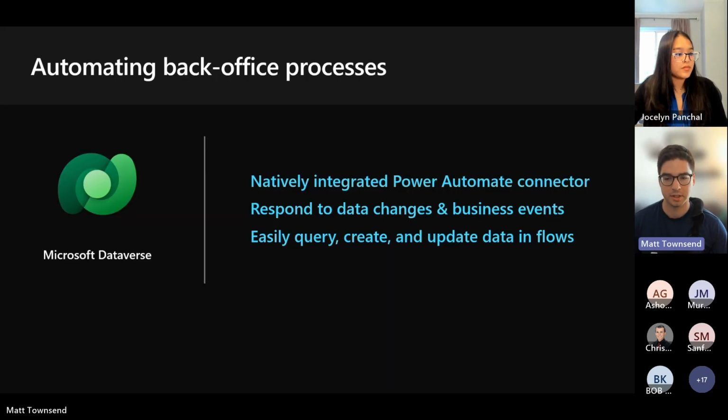The other set of scenarios is using the connector to automate your back office processes and set up integrations that do work on your behalf behind the scenes using cloud flows. All of this is built around our natively integrated Power Automate Dataverse connector, which is built a little differently than other connectors. It's directly connected to Dataverse, so it runs faster.